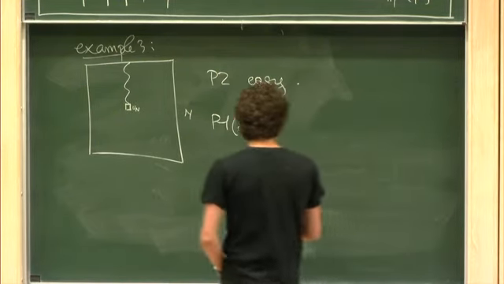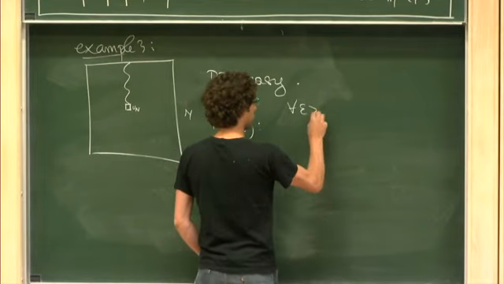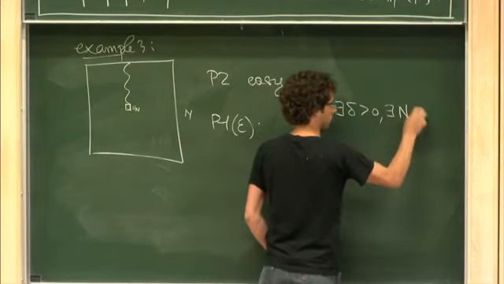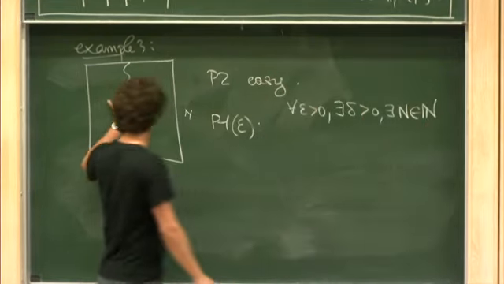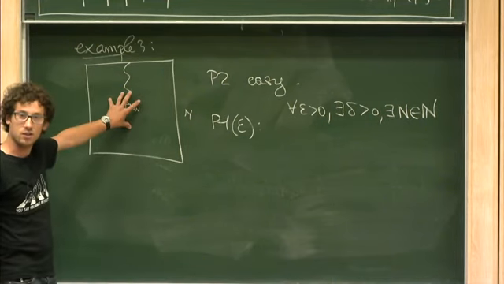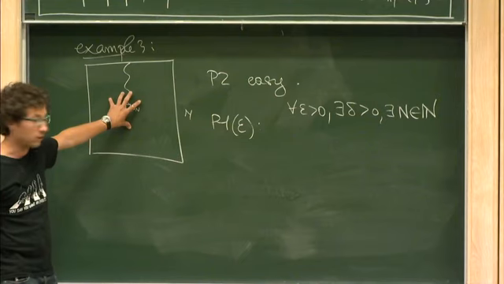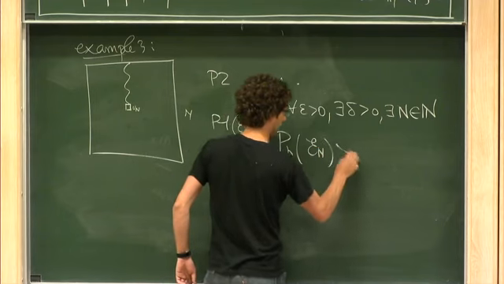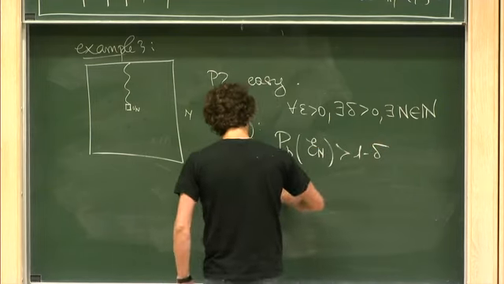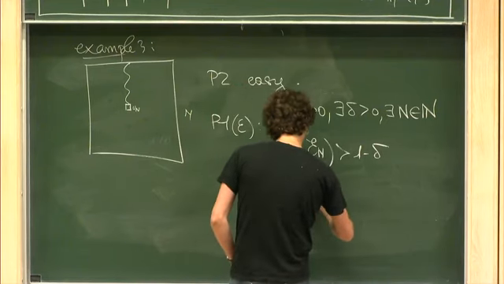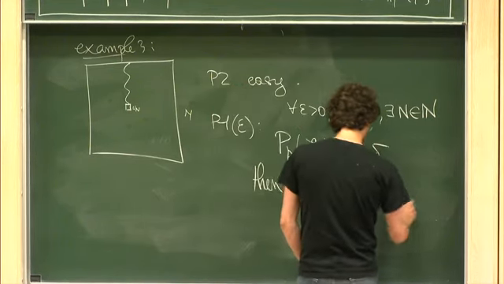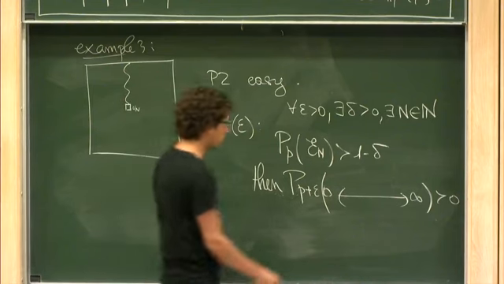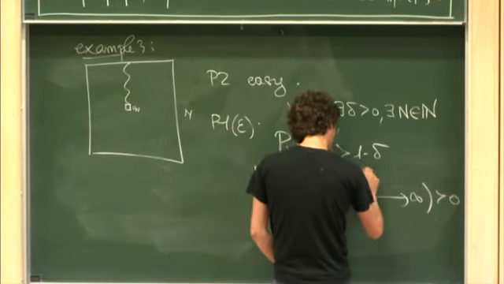Well, I claim that for any epsilon, there is a delta and an n such that if the probability of En is larger than 1 minus delta, then the probability at p plus epsilon of 0 connected to infinity is positive.